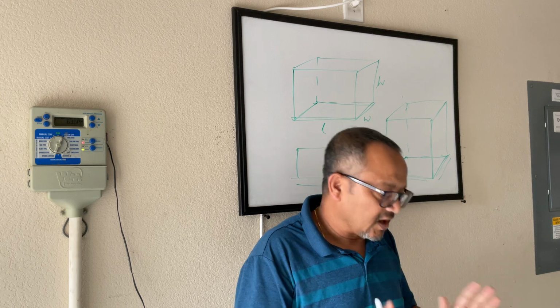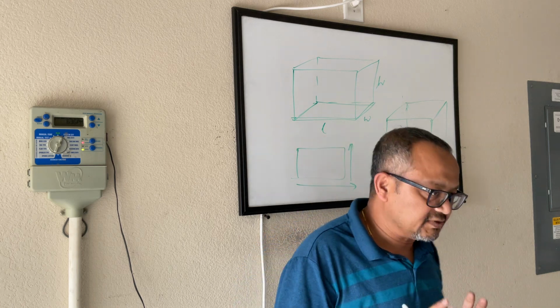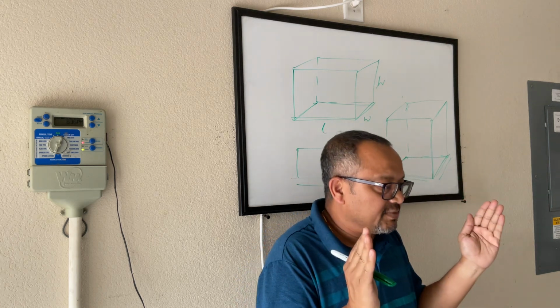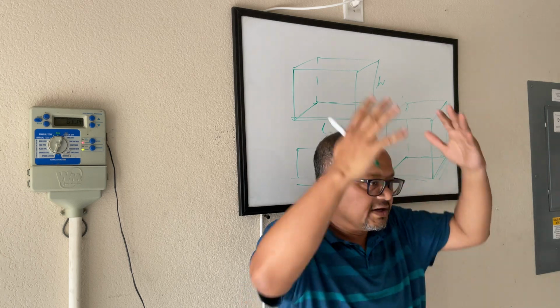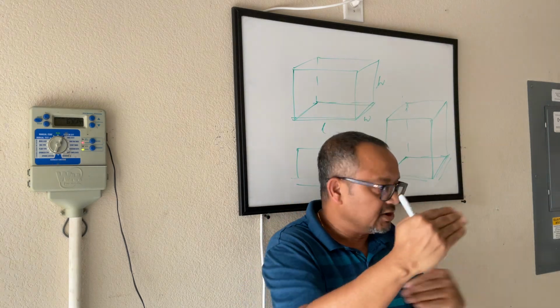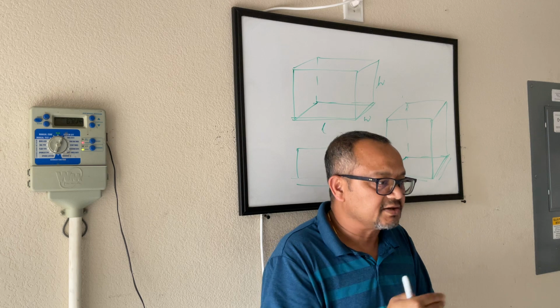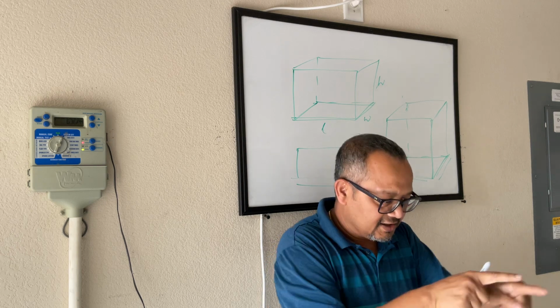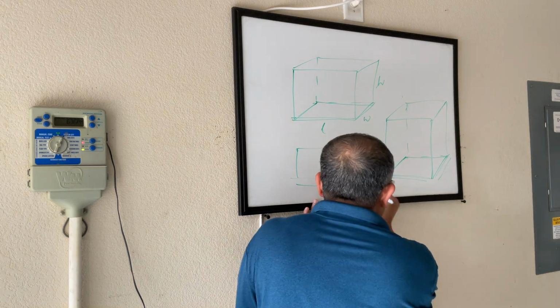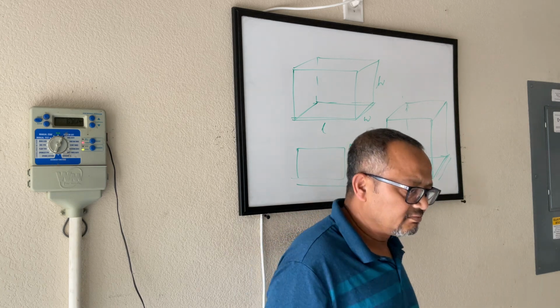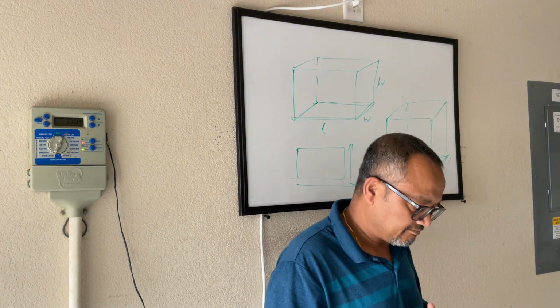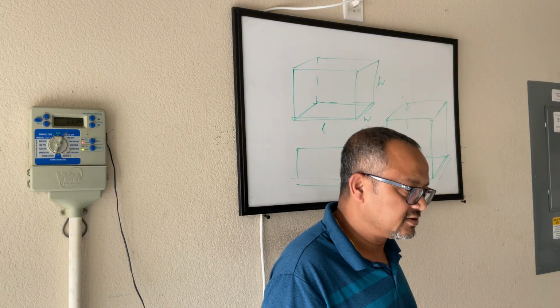All of us are 3D objects, which you cannot draw on a piece of paper. You cannot draw my entire features on a piece of paper. I mean, you can simulate it, you can make it look like a 3D object, but it is still using two dimensions, length and width. Okay? Is that understanding okay so far?